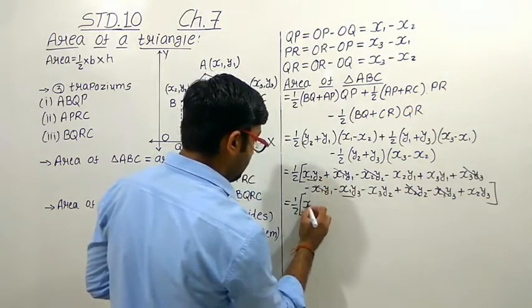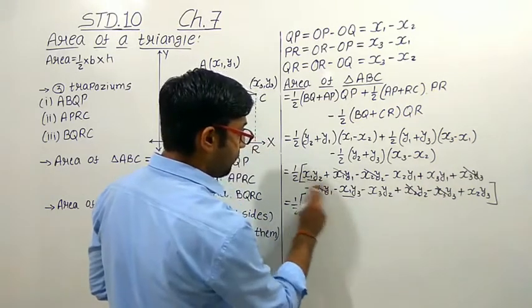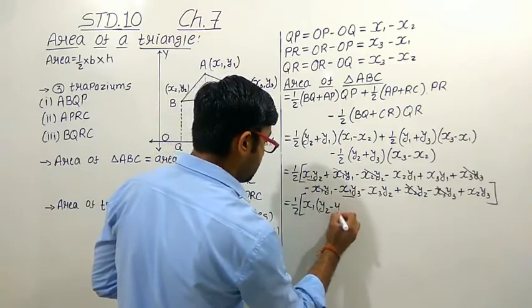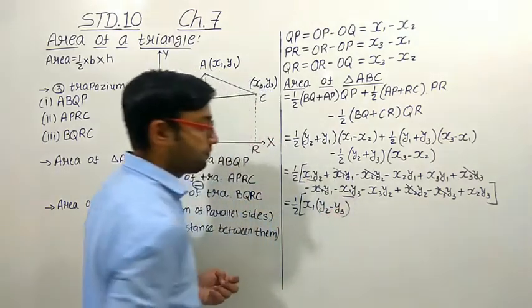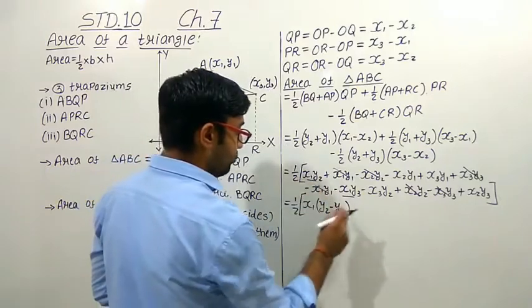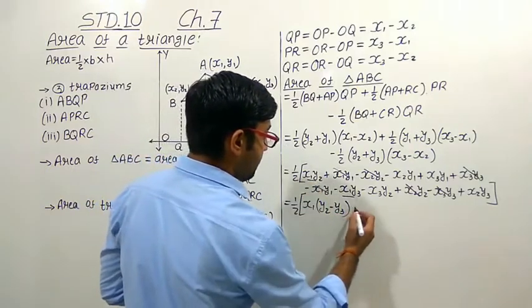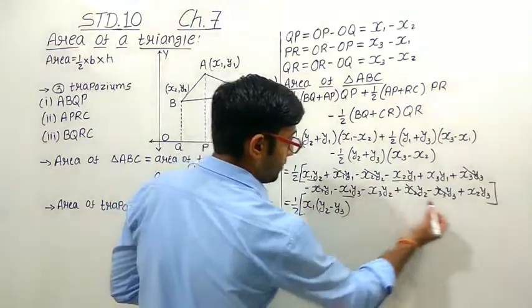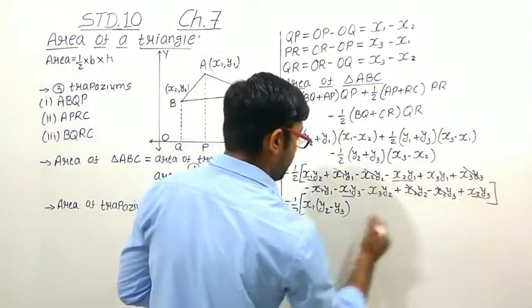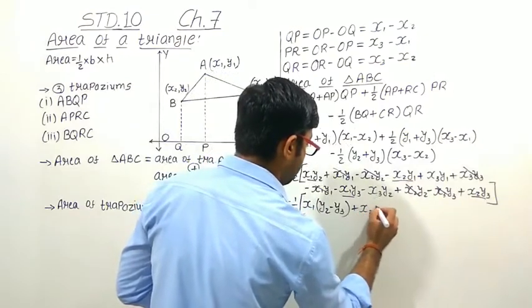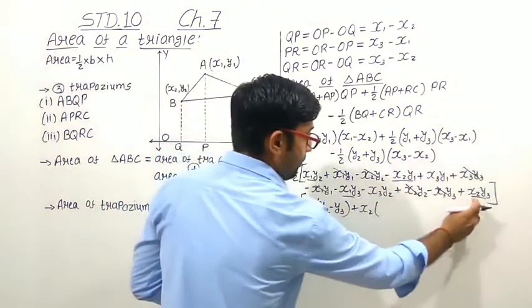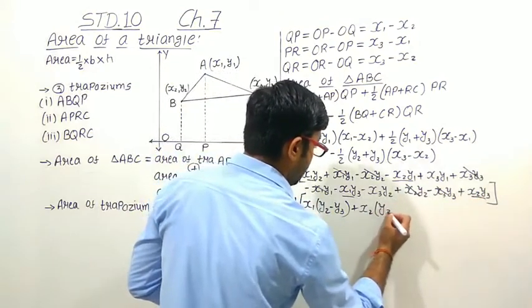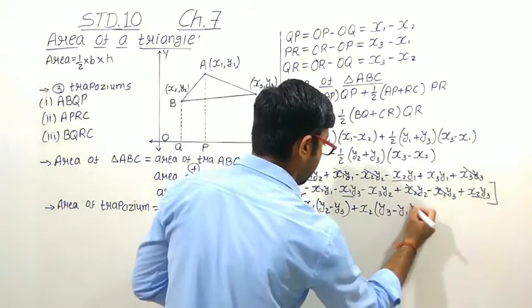So here we can write x1. If we take x1 as common from both these terms, we get y2 minus y3 in the bracket. Now in the same way, this x2 and this x2: from these two terms we can take x2 as common, and what remains is y3 minus y1.